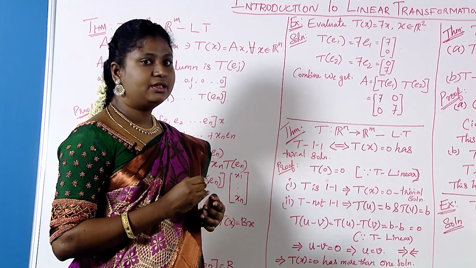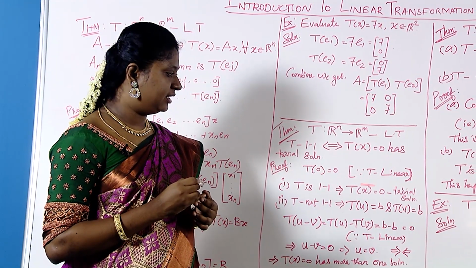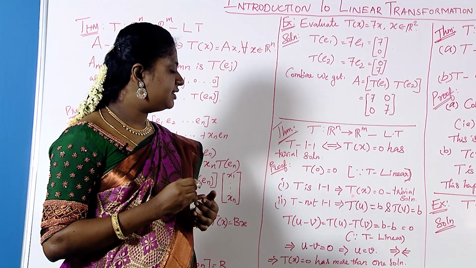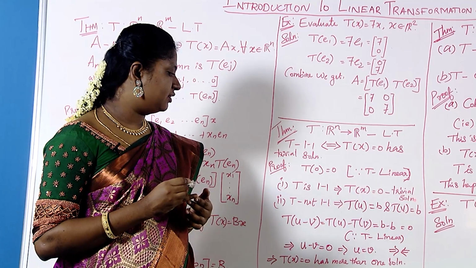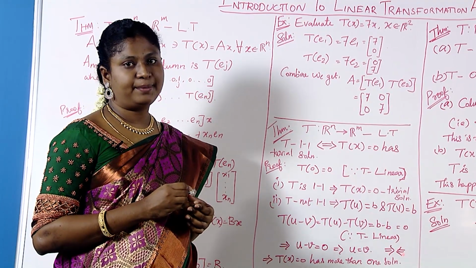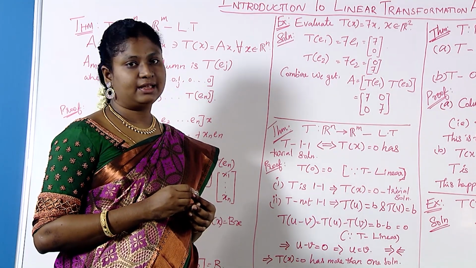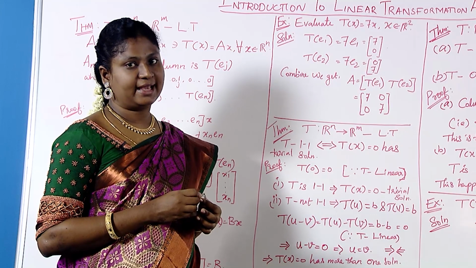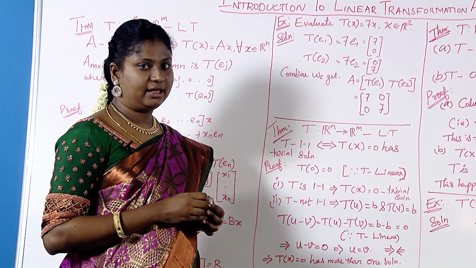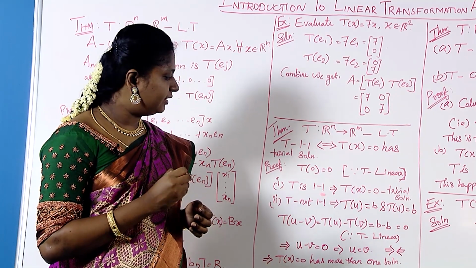T of 0 is equal to 0 we have already seen. So, if T is one-to-one then T of x equal to 0 has the trivial solution, and it is a unique solution because the mapping is said to be one-to-one if each b in R power m is the image of at most one x in R power n. Therefore, equivalently, if T is one-to-one we can say this.